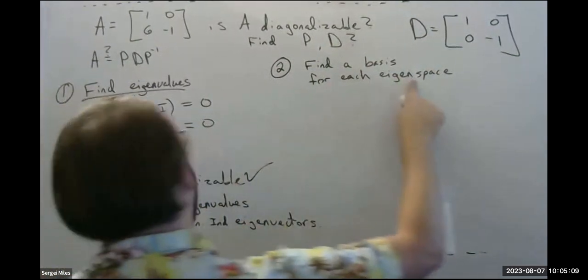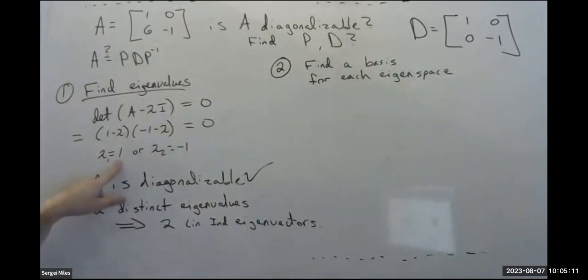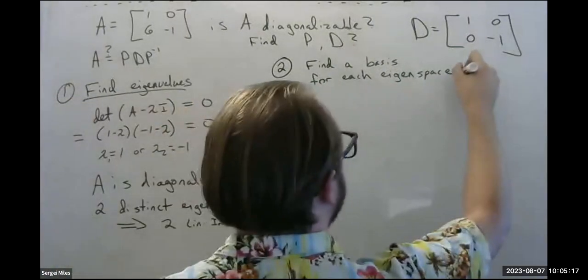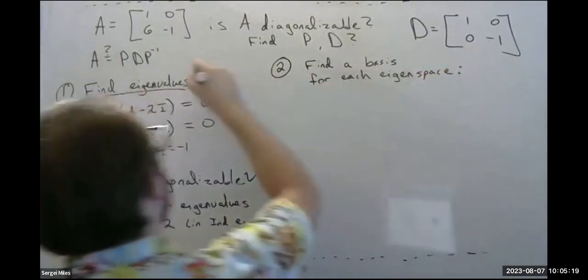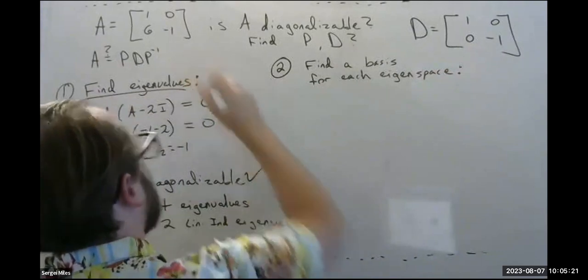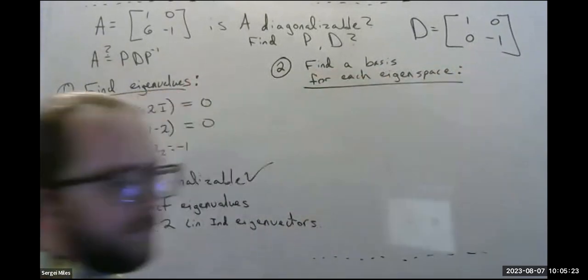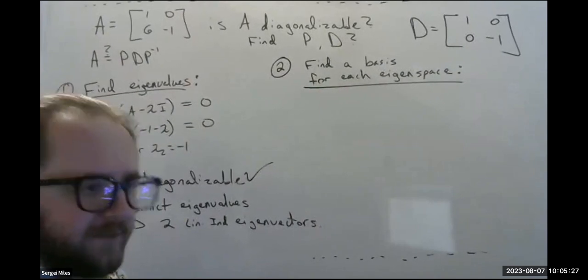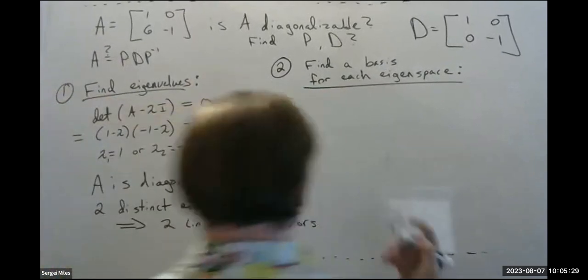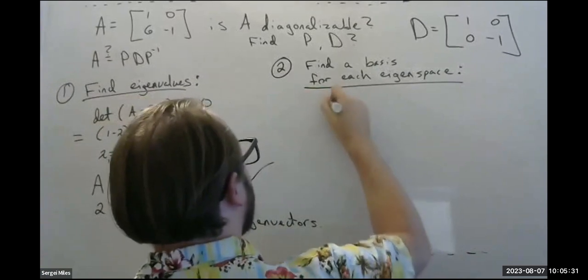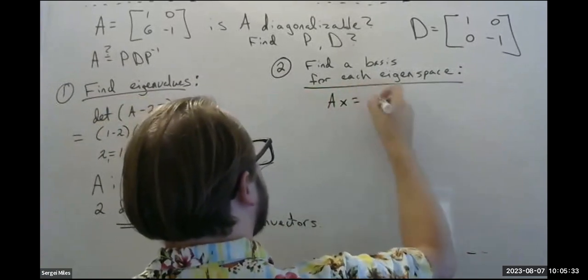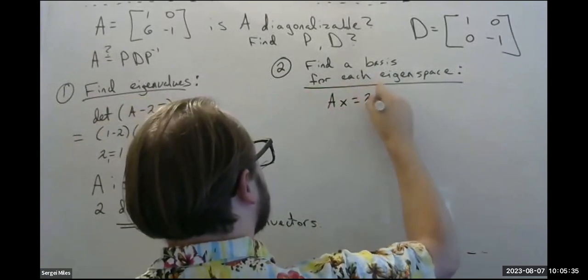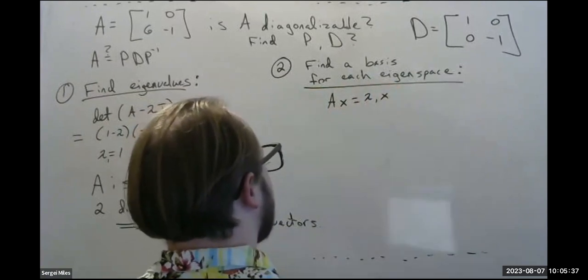If I can find the eigenspace which goes with lambda 1, that's going to tell me what my eigenvectors are that go with lambda 1. Okay. But how do I find the eigenspace? Well, I need to find the eigenvectors, right? I need to figure out for what x does A times x equal lambda 1 times x.